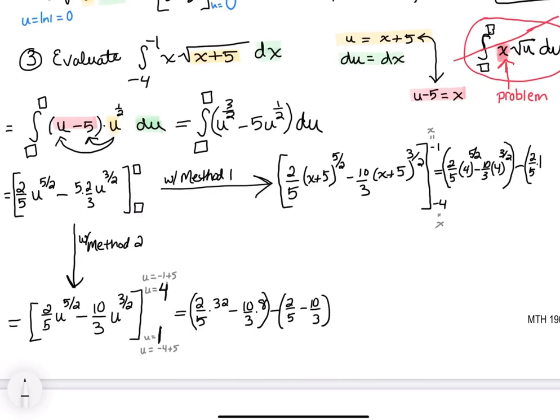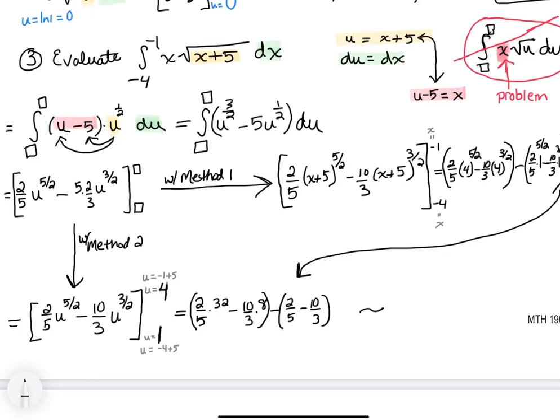Oh yeah, that would have been 1 that I would have had here to the 5/2, and then minus 10/3 times 1 to the 3/2, something like that. But either way, that's going to take you right down to, at this point, the exact same point. Okay, right? So either way, you're getting to the same exact result here.